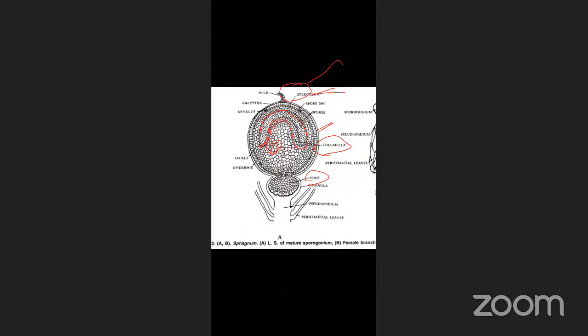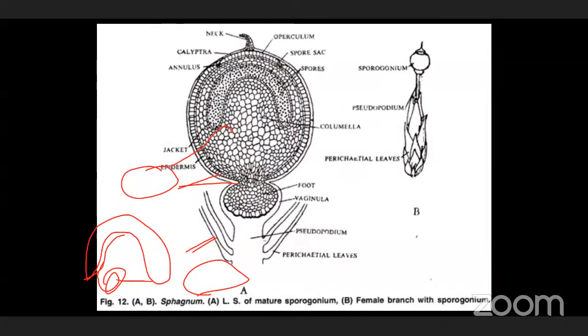Then how they develop into the next part, and again how the gametophore plant forms. You start with the sphagnum gametophore and end with the sphagnum gametophore. That is the life cycle. Now write.